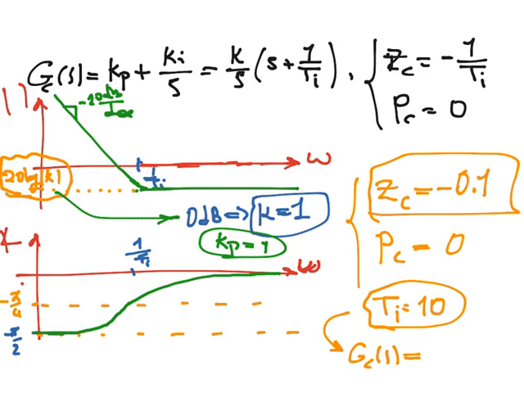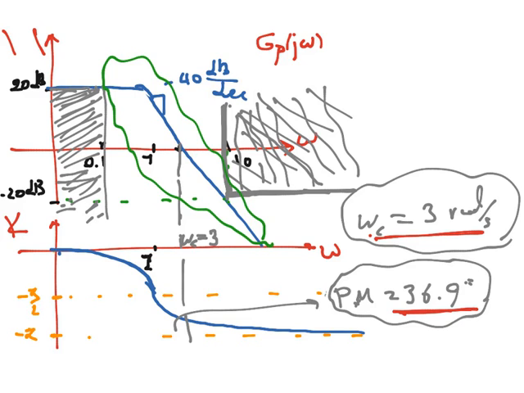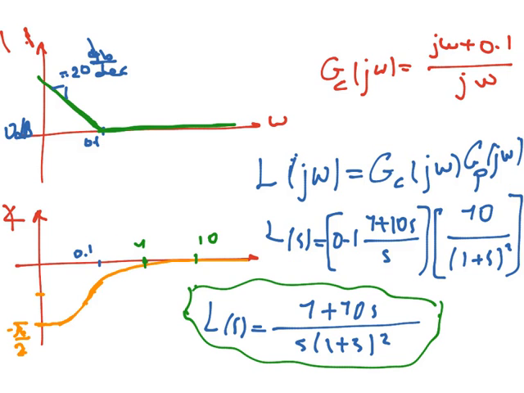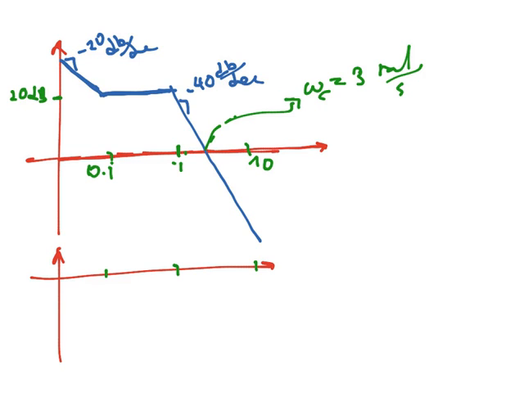So this will be added with the phase plot that we have for the process itself, starting at 0 degrees going to minus π. So adding these to each other, you can get this plot for the phase. So if this is minus π/2, minus π/4 and 0, this is the phase plot for L.